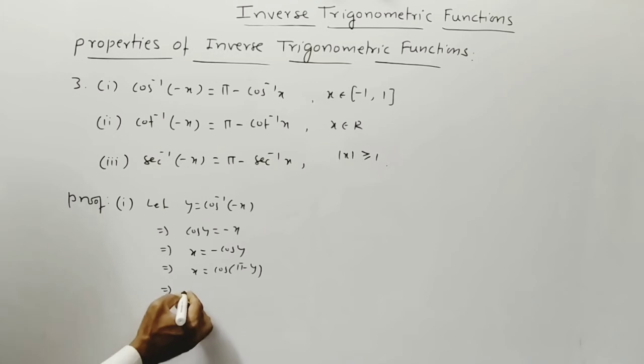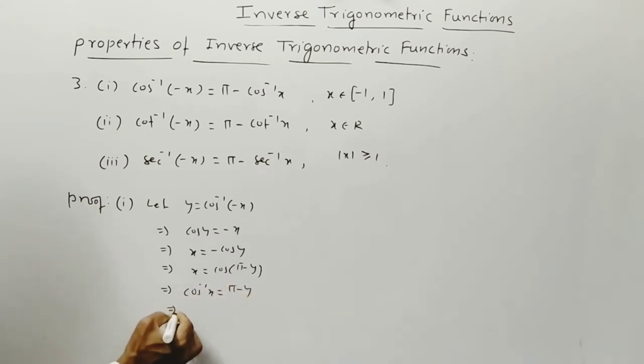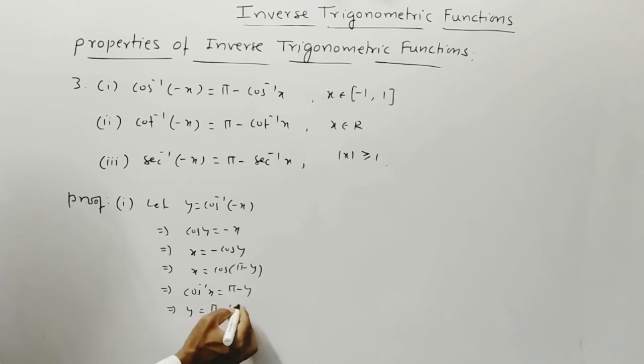This implies cos inverse of x is equal to pi minus y. This implies y is equal to pi minus cos inverse of x.